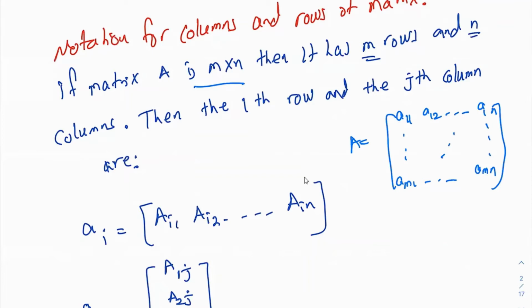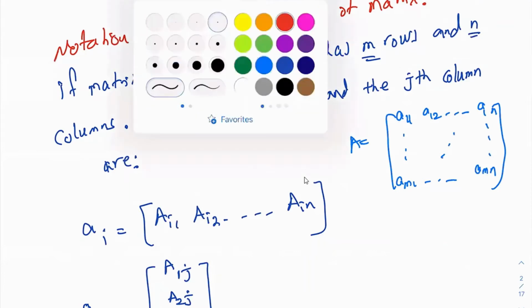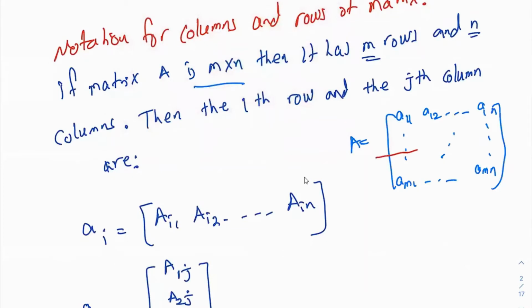Now, if you are looking for the ith row of this matrix, the ith row is somewhere here, right? This is the ith row. Now, the ith row means that the first index is i and the second one can vary. Remember, the first index is the index of a row. The second one is the index of a column. So we have Ai1, Ai2, all the way to Ain, depending on how many columns we have.